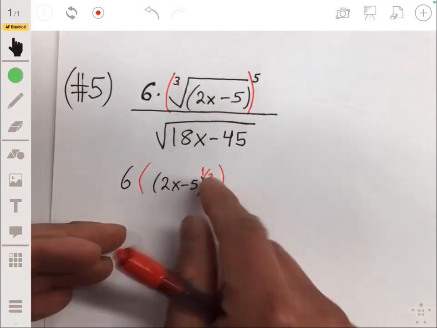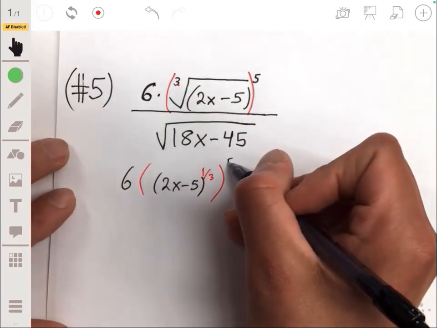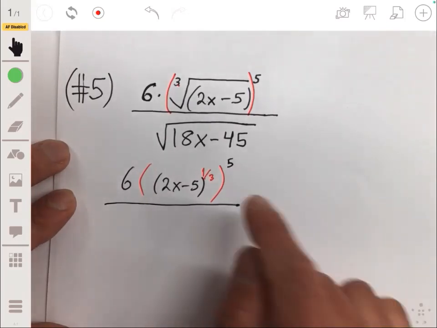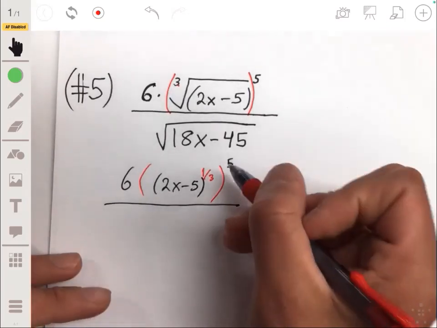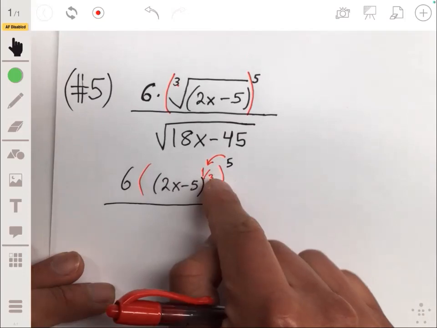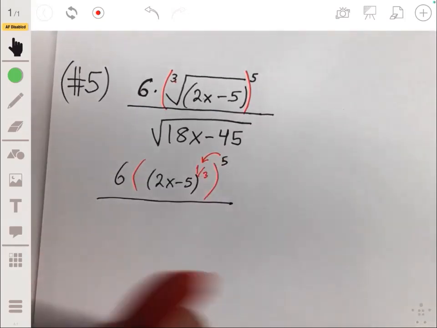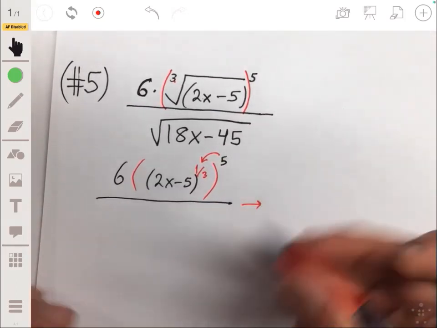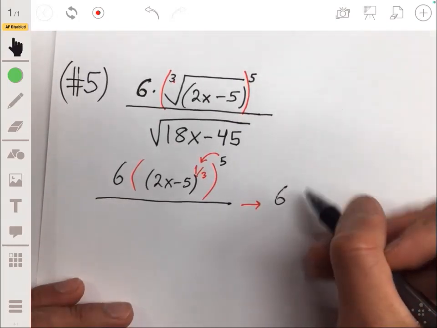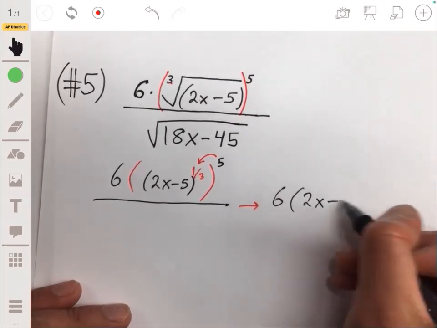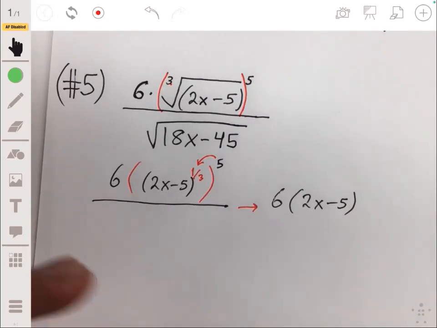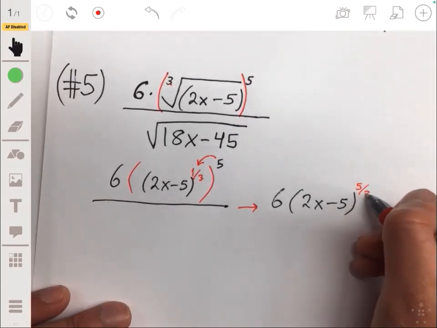That's the third root, or to the 1/3 power, all to the 5th. Then from here, you can multiply this power by 5. So then the numerator becomes 6 times 2x minus 5 all to the 5/3 power.